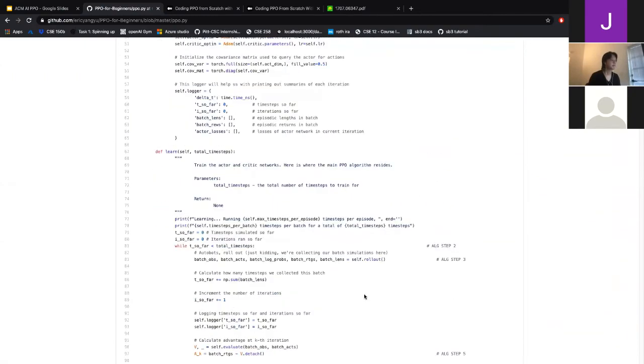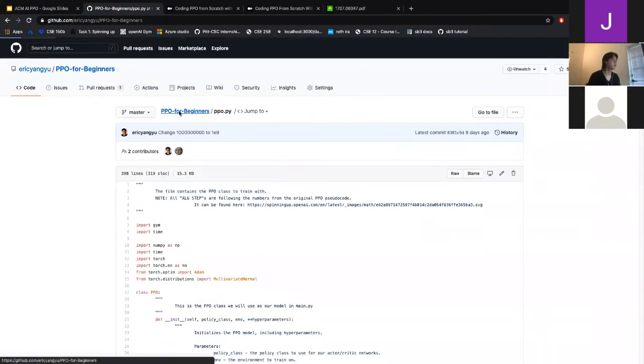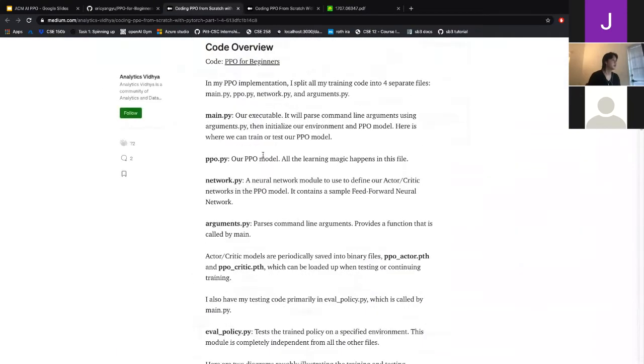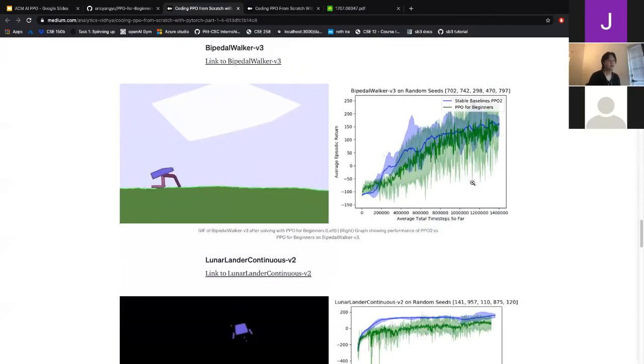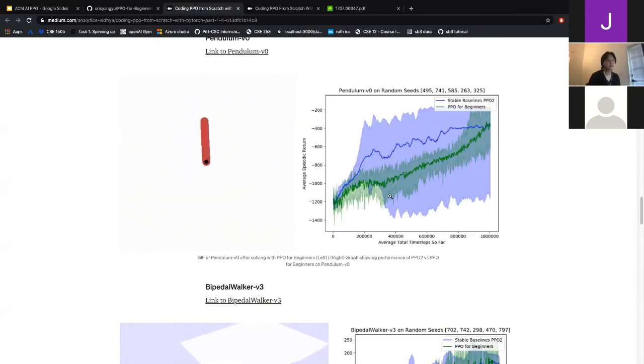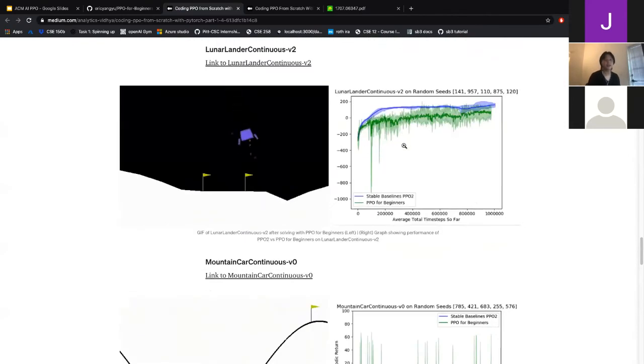When I'm trying to read your GitHub, what's the graph code folder for? Because there's PPO in there. So I was looking at these graphs earlier, right? These things right here, and the graph code is basically how I generated them. So if you want, you can also generate your own set of graphs like these by just running what I have.